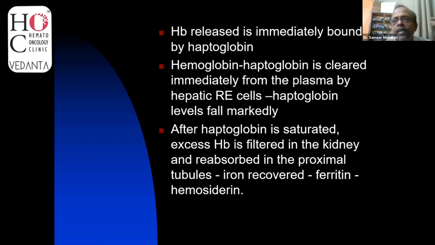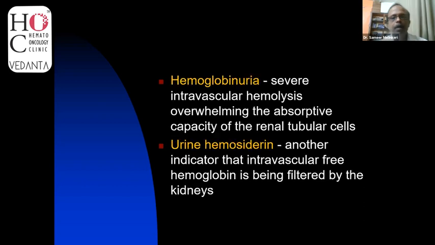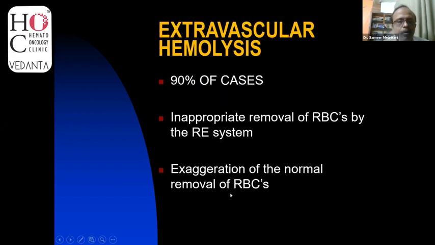When the tubular epithelial cells are denuded and excreted through the urine, and you look at the urine of these patients who have had hemoglobinuria, you will see these cells containing iron-stained hemosiderin, and that is called hemosiderinuria. So hemosiderinuria is an indicator of recent hemoglobinuria. Hemoglobinuria typically happens when there is severe intravascular hemolysis overwhelming the absorptive capacity of the renal tubular cells.